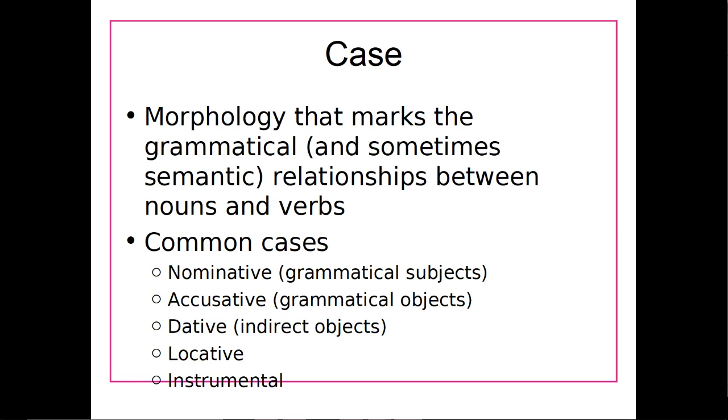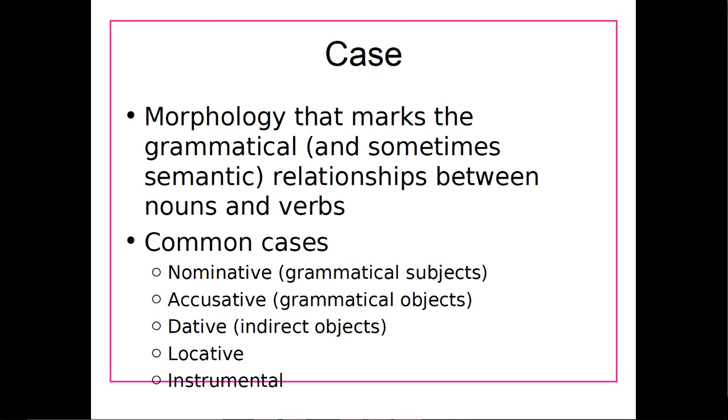Common cases that you might be familiar with if you've ever taken a formal Latin class or a German class or something like Russian or any languages along those lines include nominative, accusative, dative, locative, and instrumental. Basically, what these cases are is an ending that will tell us the role of the noun they are attaching to in the sentence.